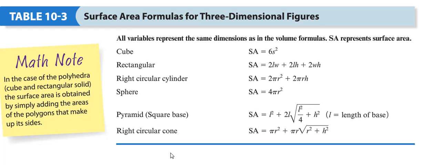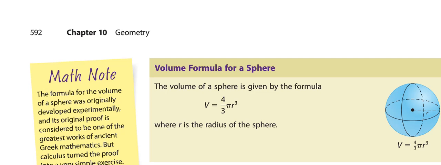And finally, not finally, but next, the surface area of a right circular cone. If you have a right circular cone, the formula is SA, surface area equals pi r squared plus pi r times the square root of r squared plus h squared.